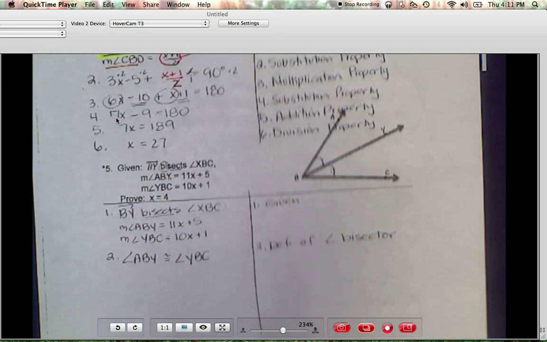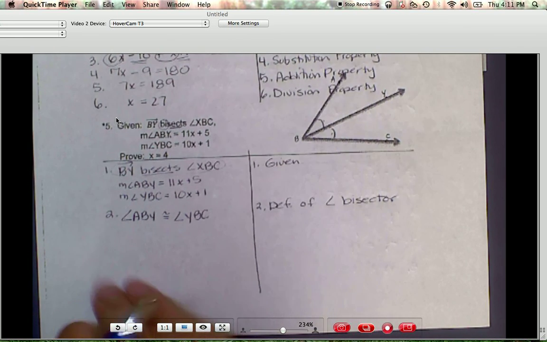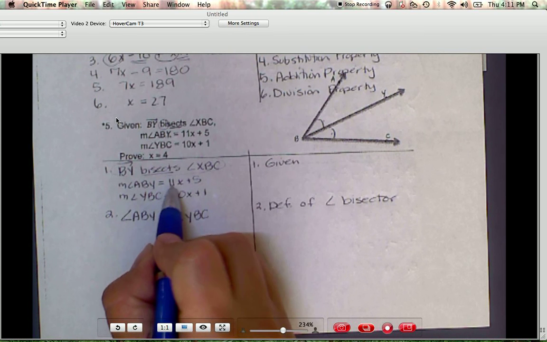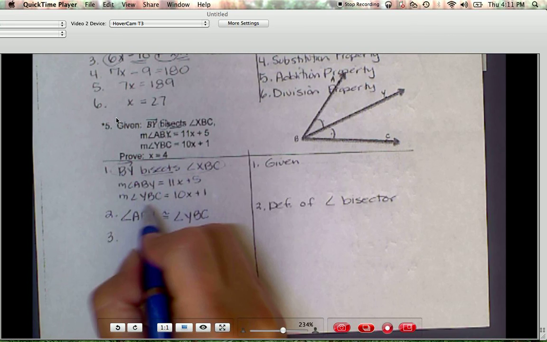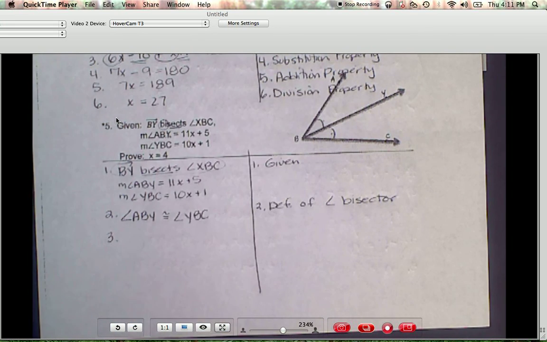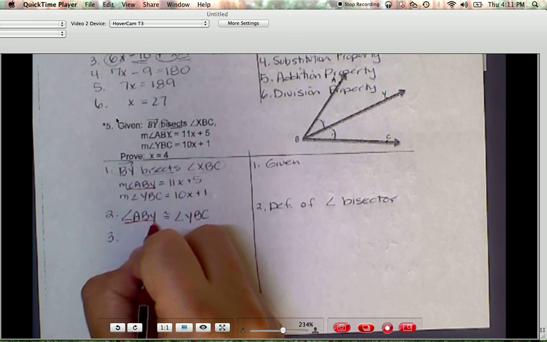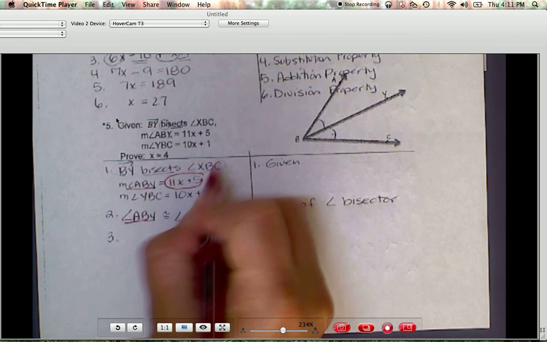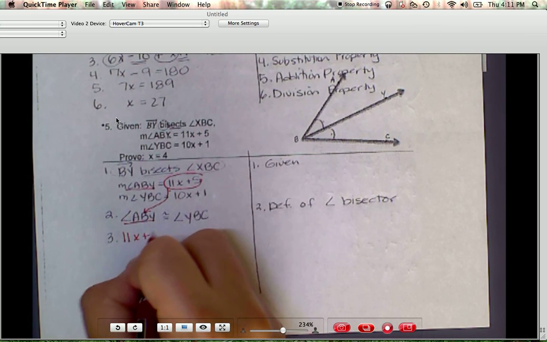Okay? Lots more time. Now, once we're here, then if we know ABY is equal to 11x plus 5, and YBC is equal to 10x plus 1, okay. ABY is here, it's also here, so we can take this 11x plus 5 and plug it into here, so we get 11x plus 5.